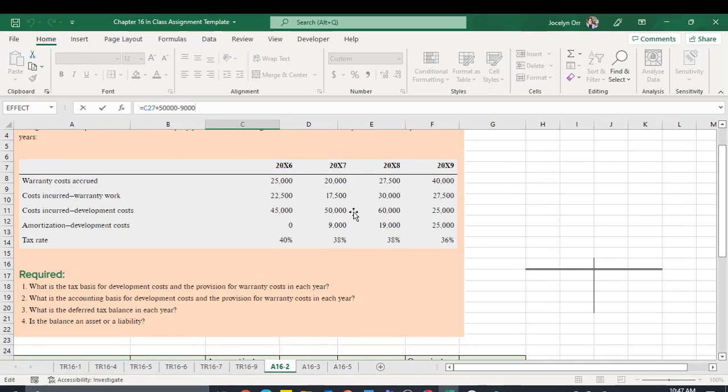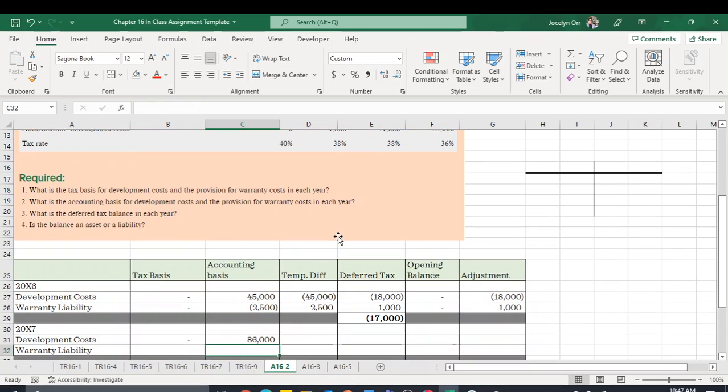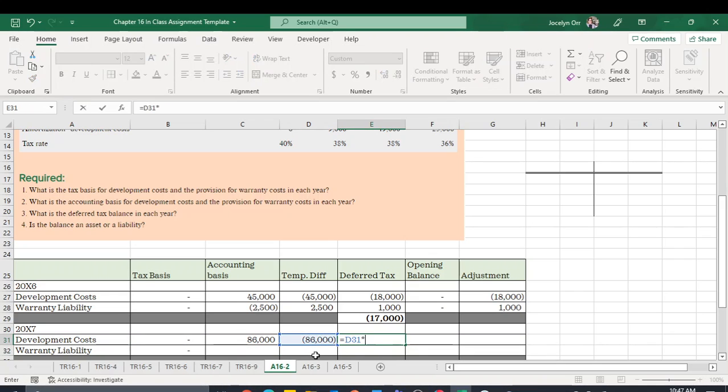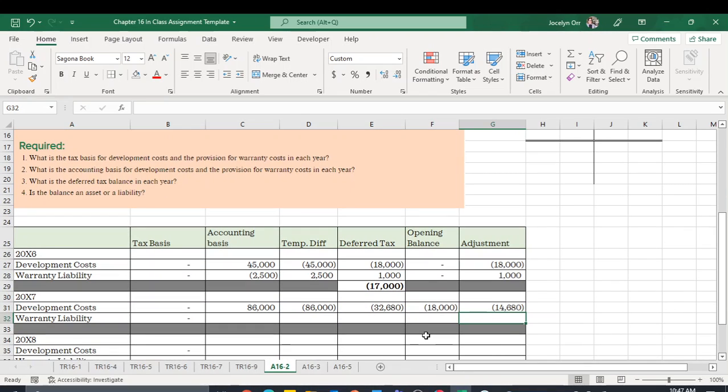I added the $50,000 that was incurred, and I subtract the $9,000 that was amortized. Multiplied by my tax rate, which in year 2 was 38%. I had a previous balance. So my adjustment would be $14,680.